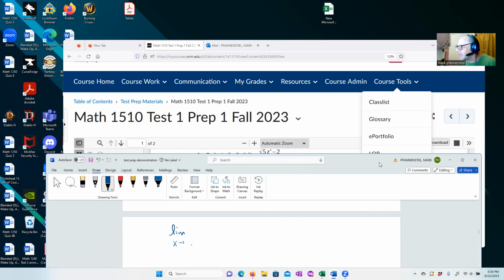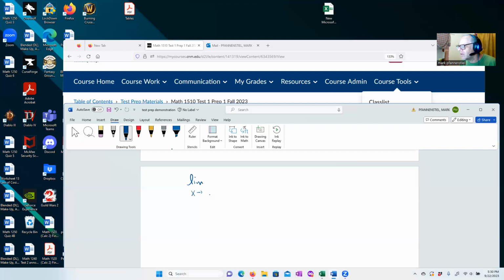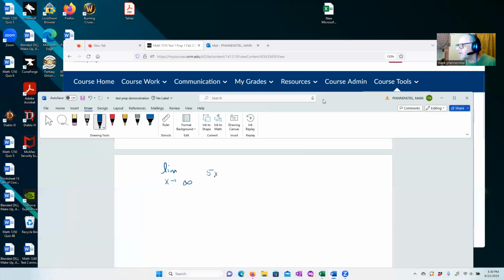We are approaching infinity of, is it plus 2? Minus 2. So we have the square root of the whole thing, x squared minus 2, divided by x plus 3.